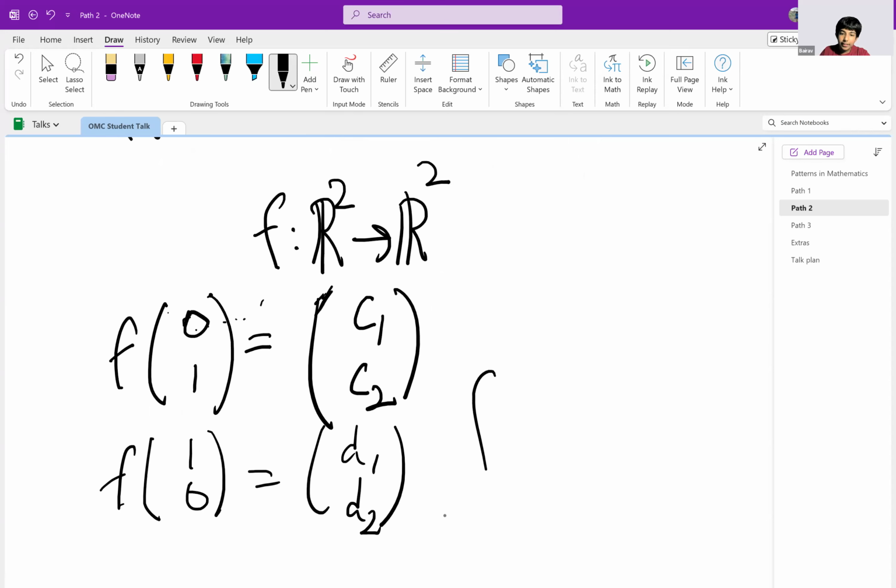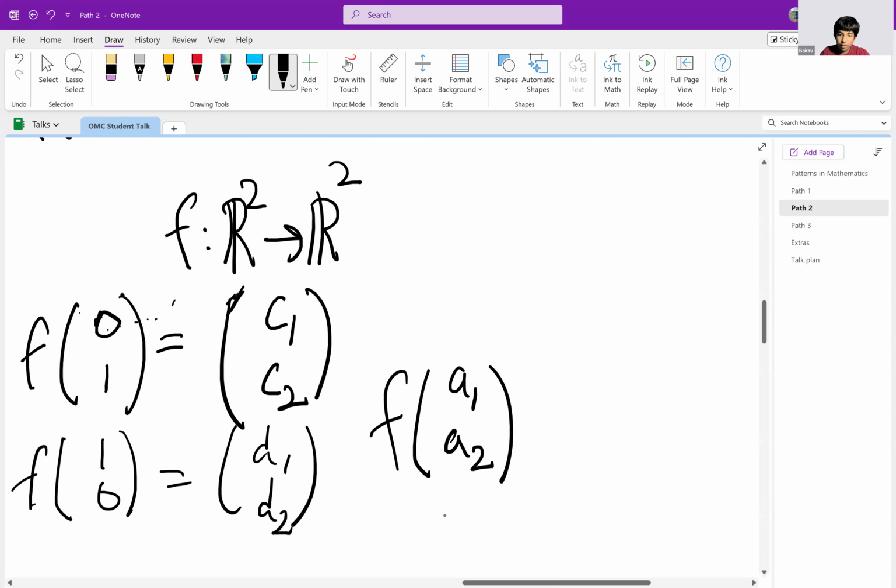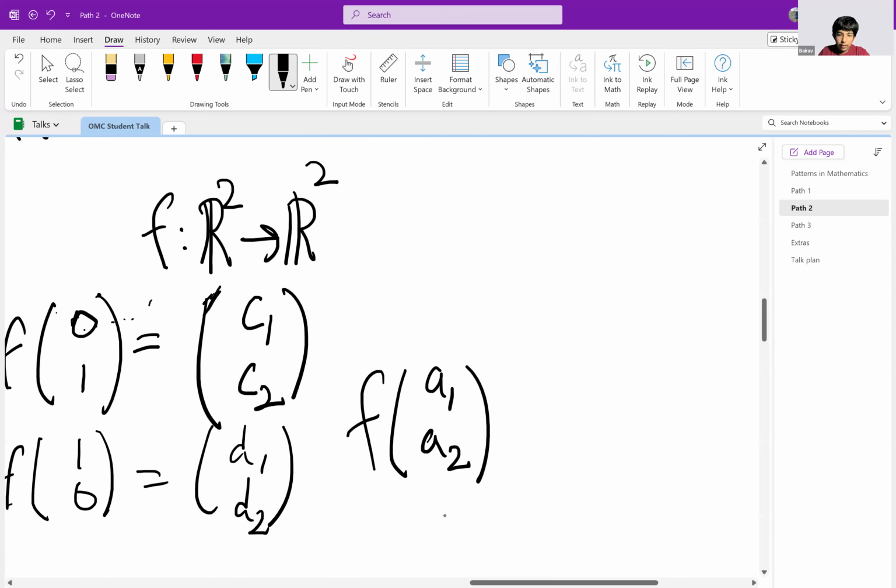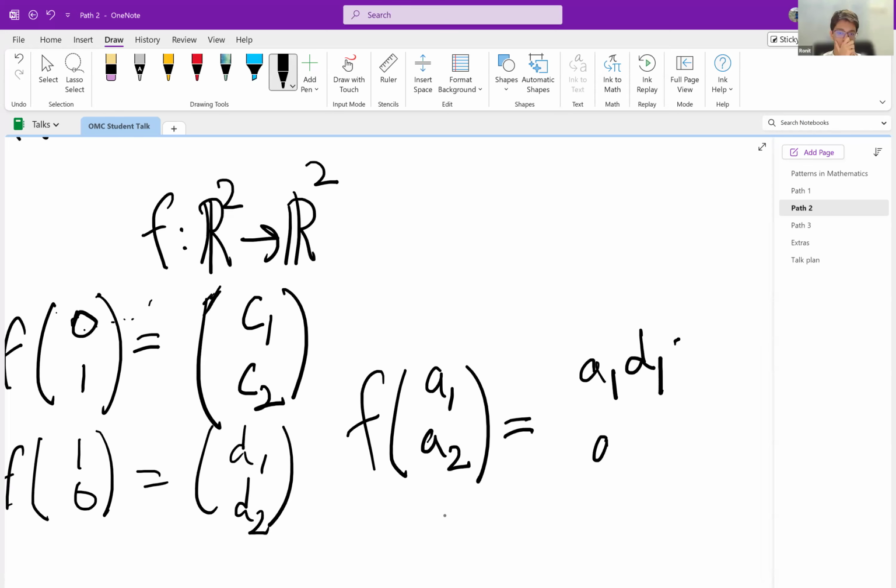So now when we add this, we get A1, A2, and this is just A1, D1, and this is A1, D2, A2, C1, and A2, C2.